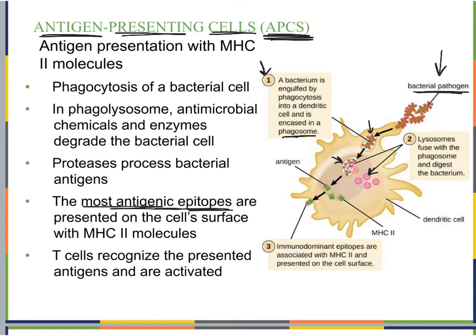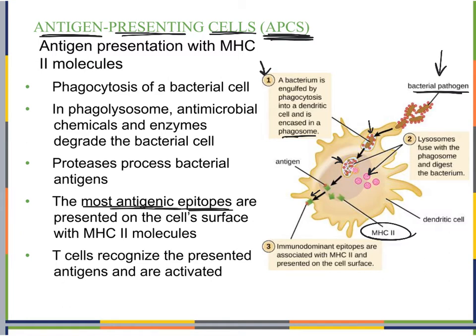So the ones that are most antigenic are going to be processed, and then they are going to be attached to an MHC class 2 protein or molecule, and then that's going to move to the surface, move to the plasma membrane, and be embedded in the plasma membrane like we saw in that first image.